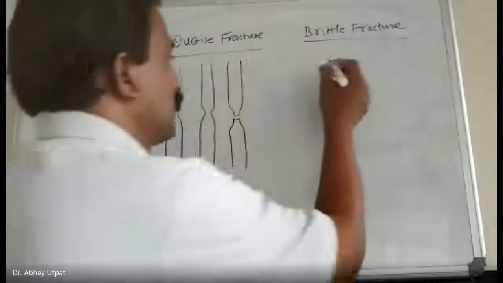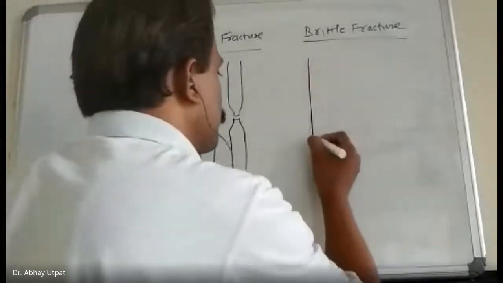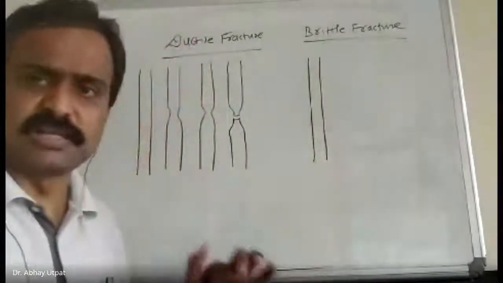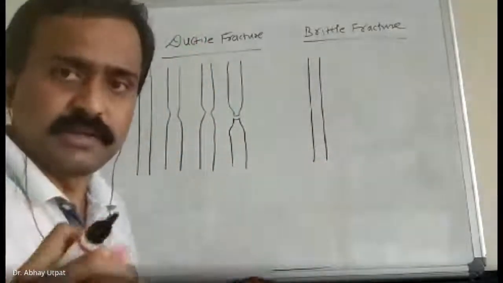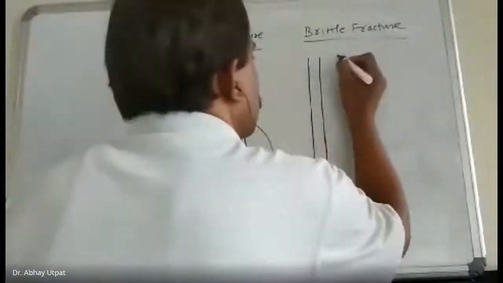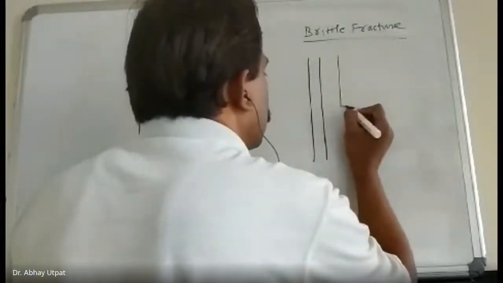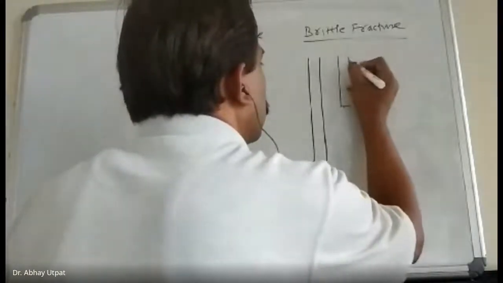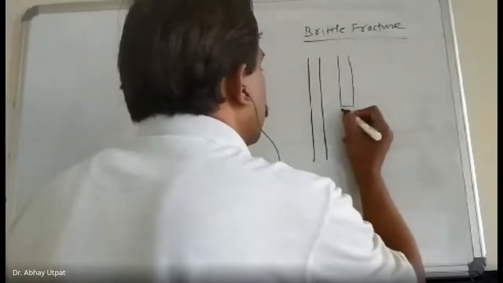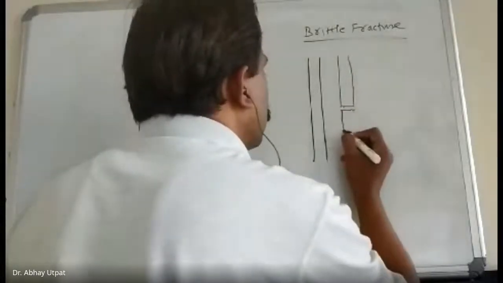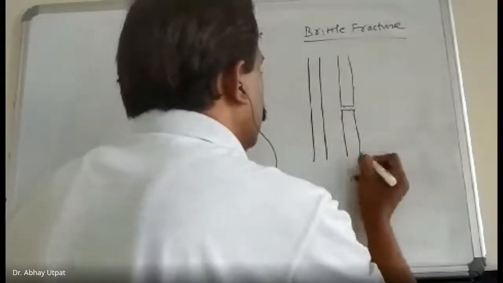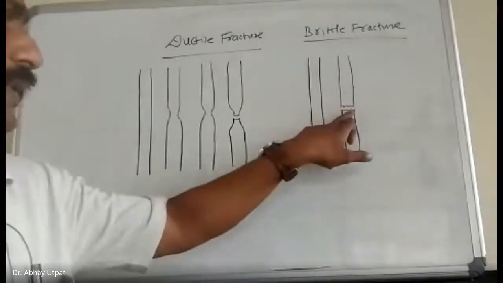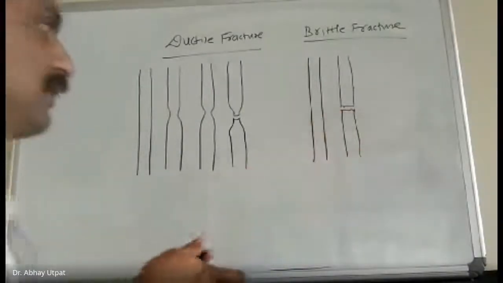But brittle fracture, check here. Elongation is very less in brittle material, and it will break suddenly. This is brittle fracture. So in this way, brittle material breaks.